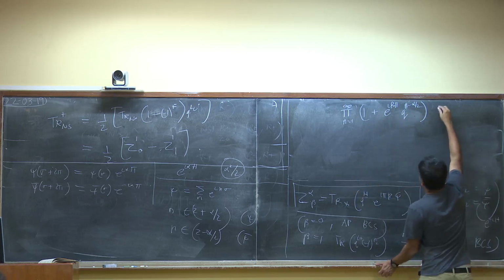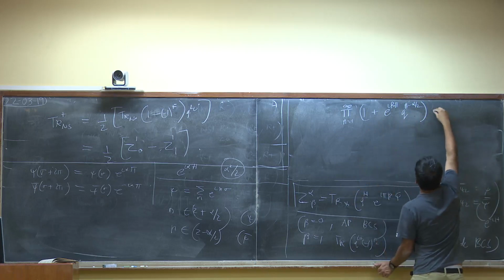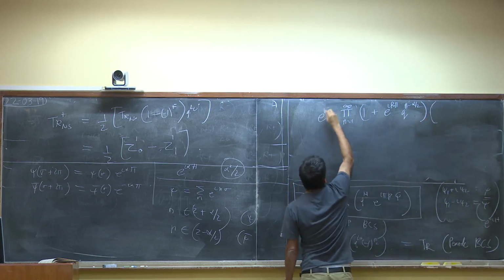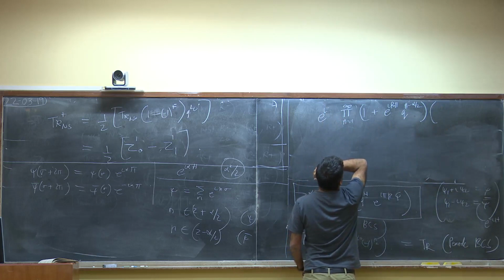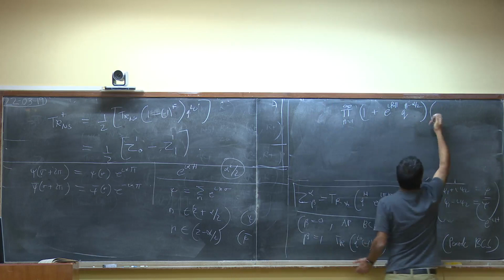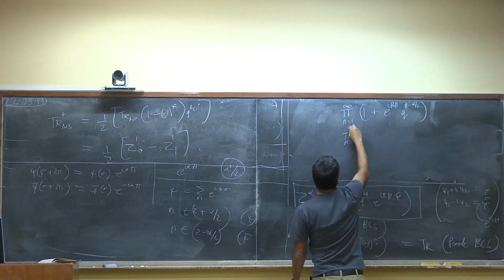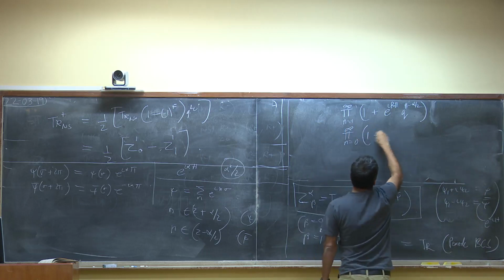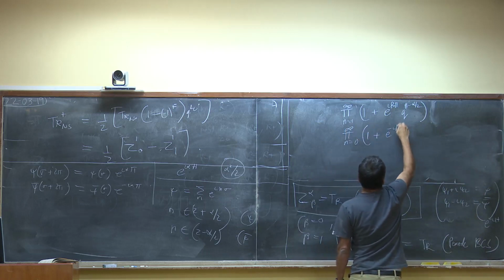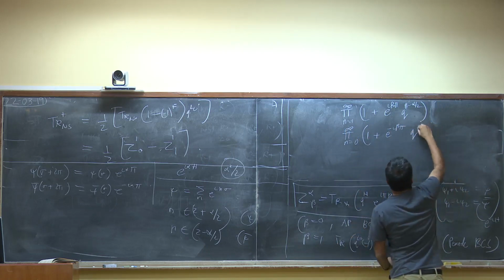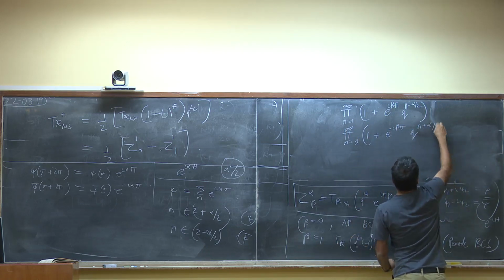And then we will have the product n equal to 0 to infinity, 1 plus e to the power minus I beta pi, q to the power n plus alpha by 2.